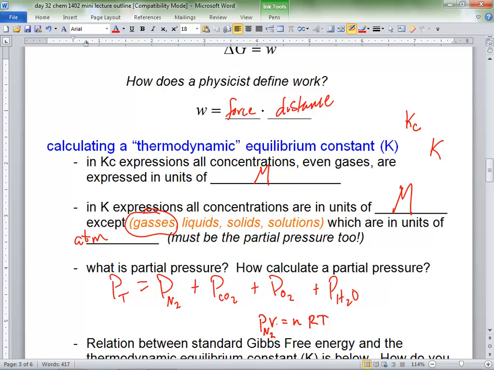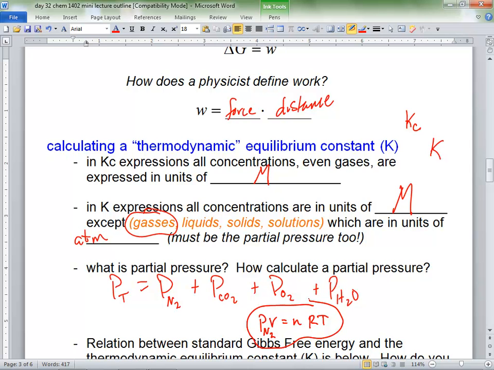This is our second partial pressure equation, was the ideal gas law. So you could calculate the partial pressure of nitrogen using the ideal gas law. You just had to remember what variables to put a subscript on. So you put it on the P for partial pressure. What other subscript did you put the N2 on?